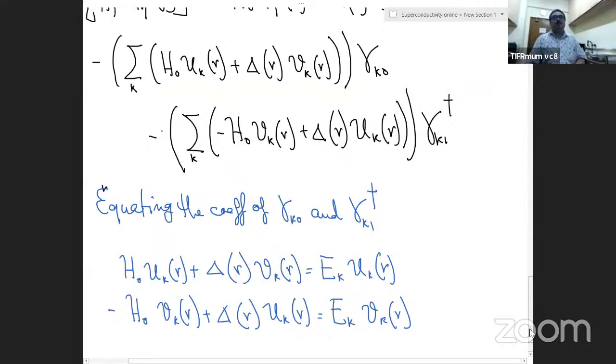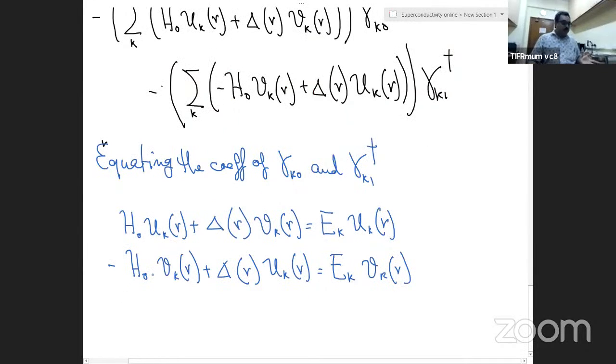So now you have a coupled equation. So now your Schrodinger equation is no longer one differential equation, but two coupled equations, which is actually because you are coupling electrons and holes. That is what u_k's and v_k's represent. So therefore, the real space formulation of BCS theory gives you a matrix equation if you want to write it in a compact form.